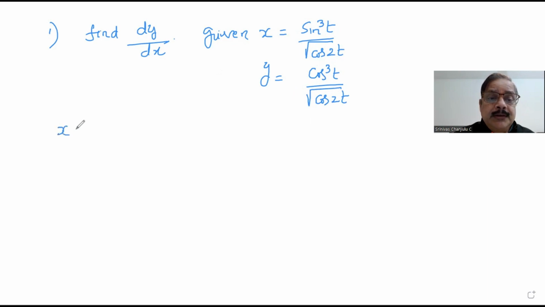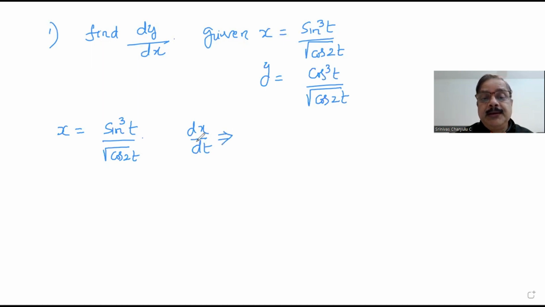So first, x is equal to sine cube t divided by root of cos 2t. We are supposed to find out dx by dt. Dx by dt is equal to, this is in the form of u by v. U by v means quotient form.